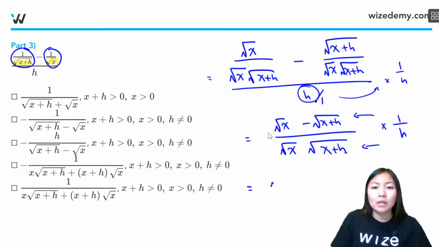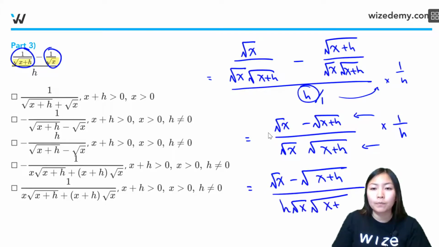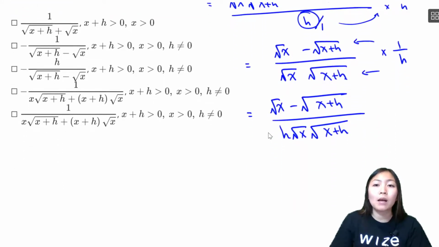So this is going to be square root of x minus the square root of x plus h divided by h times the square root of x plus h. That is my expression. But if you look at any of my expressions, I don't see that in my options. So instead, I'm going to have to multiply by the conjugate. Okay, I'm just going to start it down here so I have a little bit more space. So again, our expression that we left off was this guy over here.